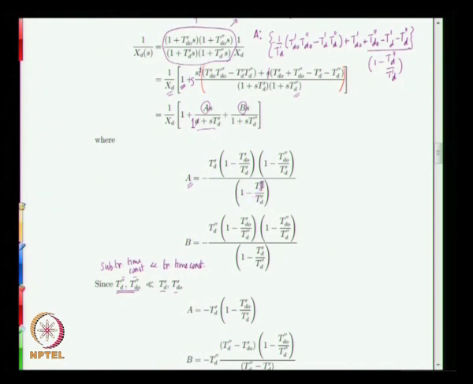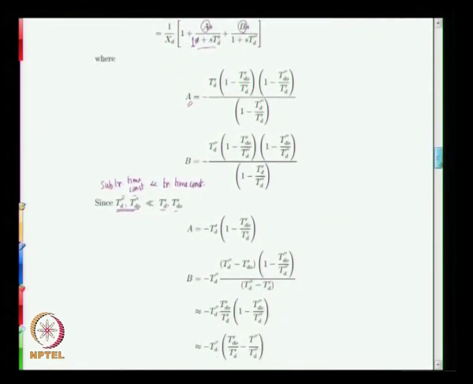In the denominator you have T double dash d by T dash d, which also is very small. So these two terms can simply be assumed to be equal to 1, and therefore A simplifies as minus T dash d into 1 minus T dash dO by T dash d.